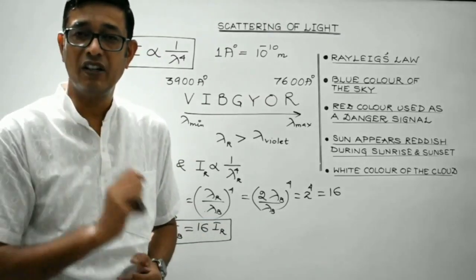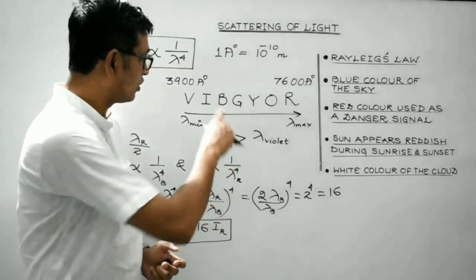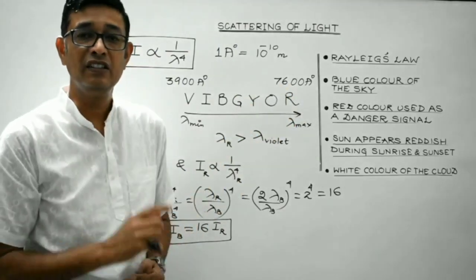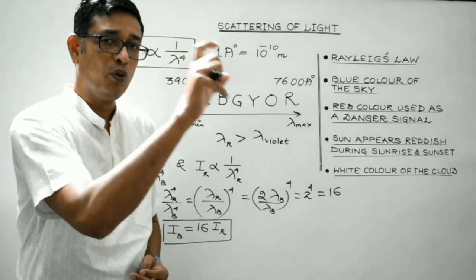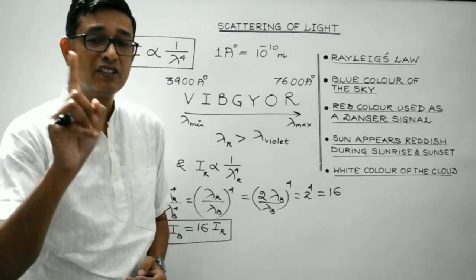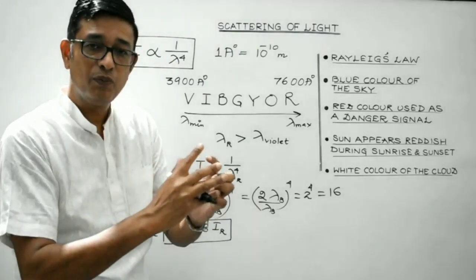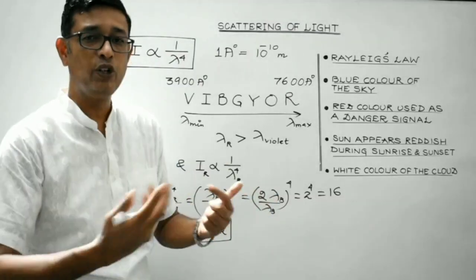So the explanation lies in the fact that the solar spectrum, as you're aware, consists of these 7 colors. The amount of blue color in the sunlight is far more as compared to the violet and indigo. So that's the first reason why the scattering of blue color is much more. Blue color predominates.